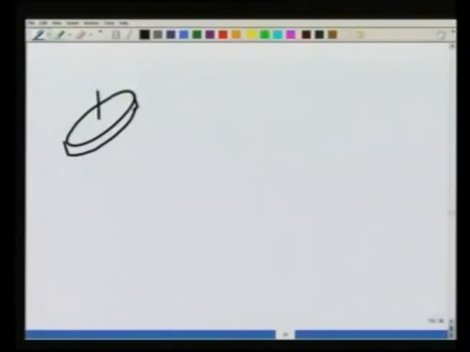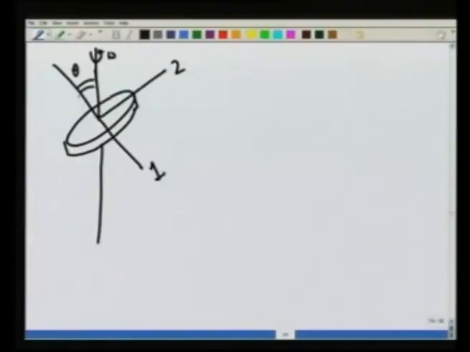This is a disc rotating with this perpendicular at an angle theta with omega. This is axis 2, this is axis 1, and this perpendicular is axis 3. You can see I1, we had calculated it earlier. The moment of inertia about one of the diameters is m r square over 4.